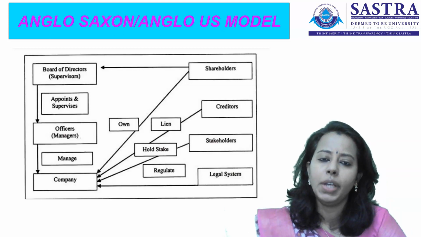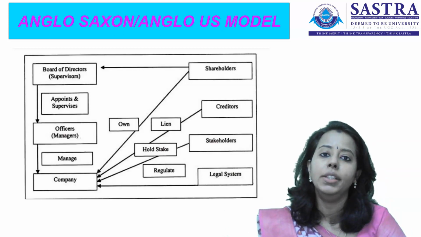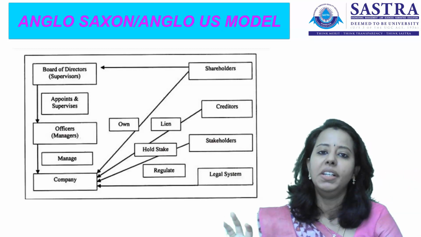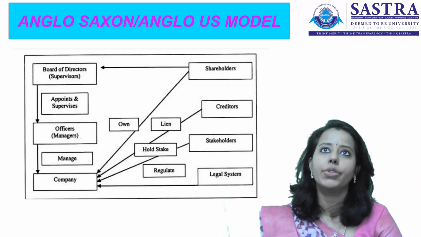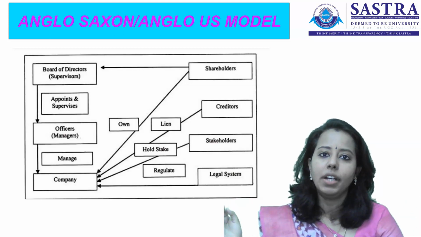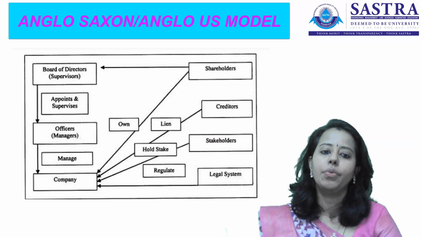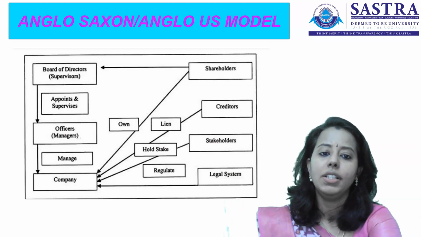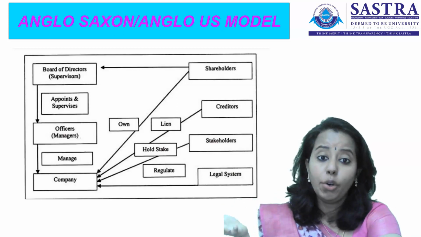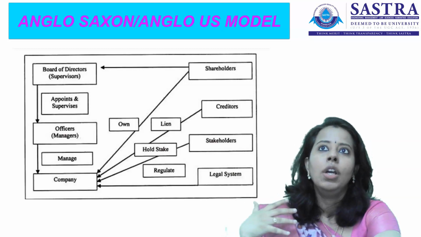So the Anglo-Saxon model is characterized by the dominance in the company of independent persons and individual shareholders. The manager is responsible to the board of directors and the shareholders. As you all know, in the US, financial market activities dominate the allocation of ownership or control rights in organizations.